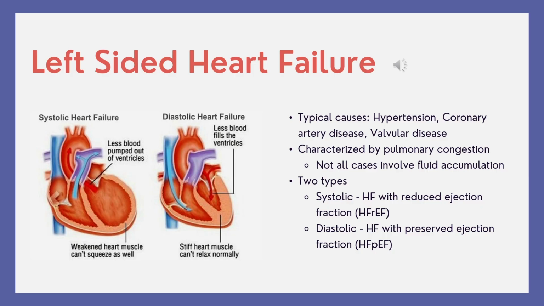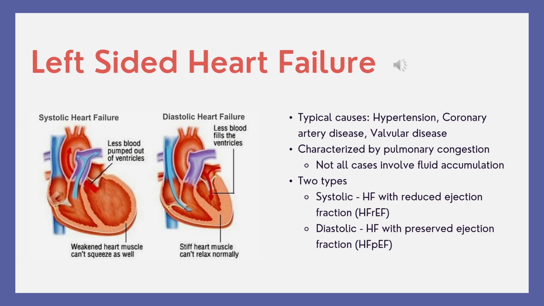With left-sided heart failure, like I mentioned on the previous slide, it's classified into two main types: systolic heart failure and diastolic heart failure. Systolic heart failure is also known as heart failure with reduced ejection fraction. This happens when the heart muscle is too weak to pump blood forward effectively. As a result, the ejection fraction drops below 40%, meaning that a lower than normal percentage of blood is being ejected with each heartbeat.